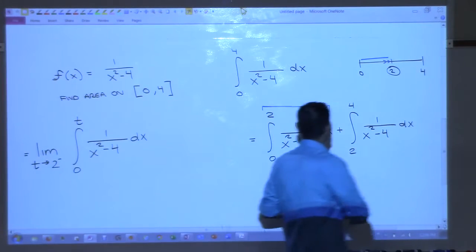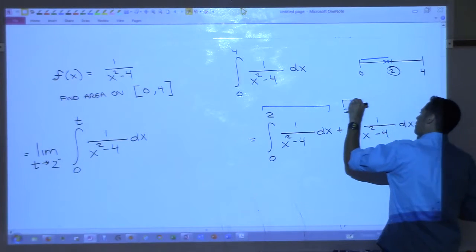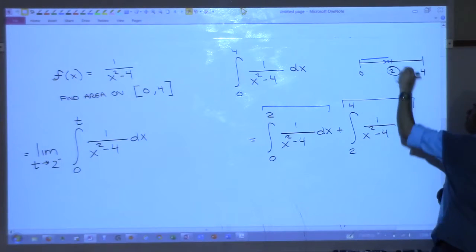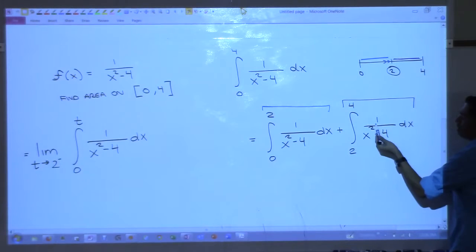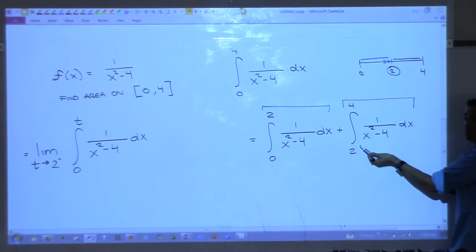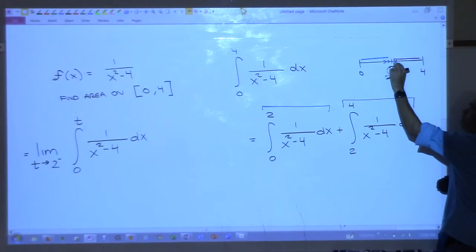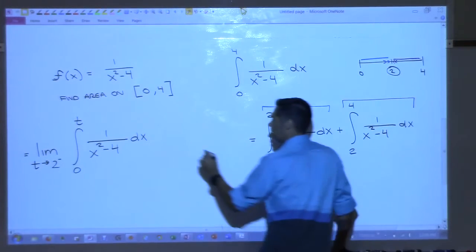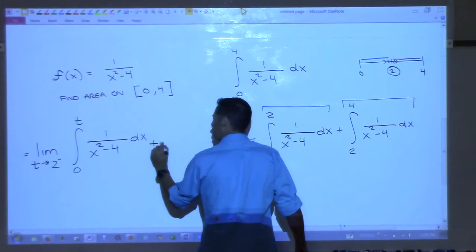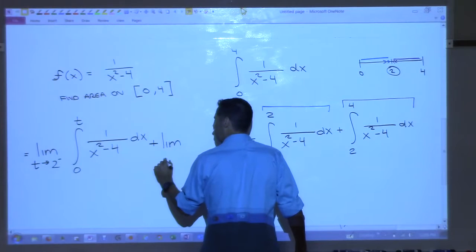Now we need to do this one. This one should be this piece right here, right? So this time I'm going to go from 2 to 4, but I don't want to start at 2. I want to start a little bit to the right of 2. So I want to come into 2 from this side instead. So that will mean it needs to be plus limit. Let's go with p.